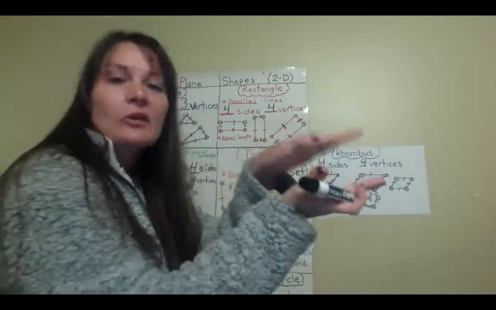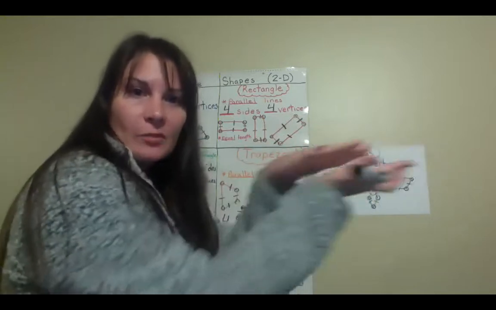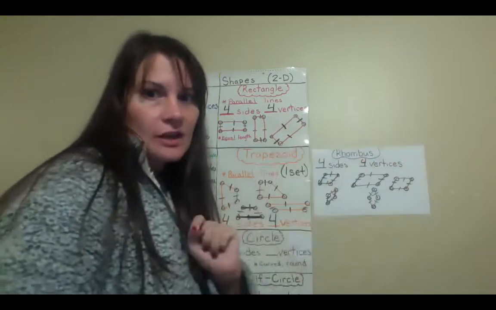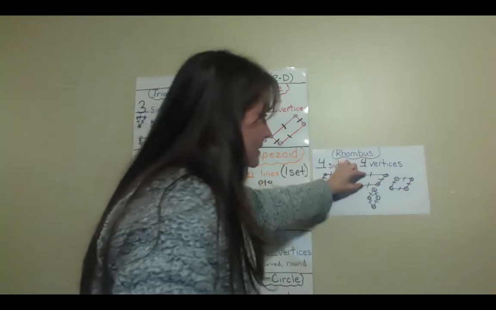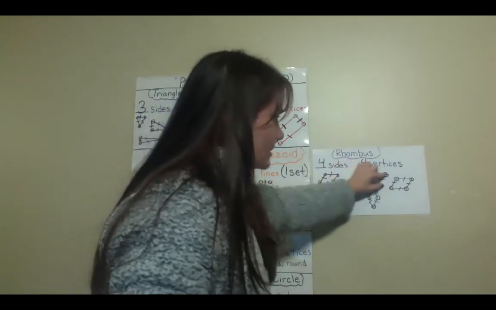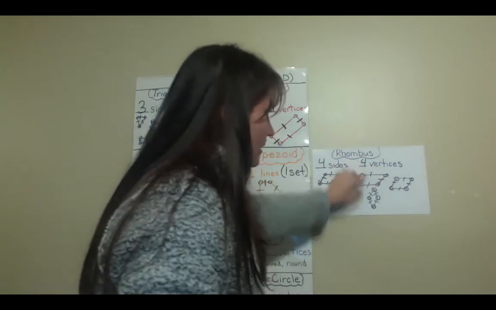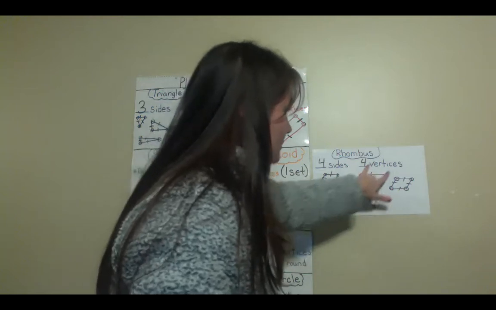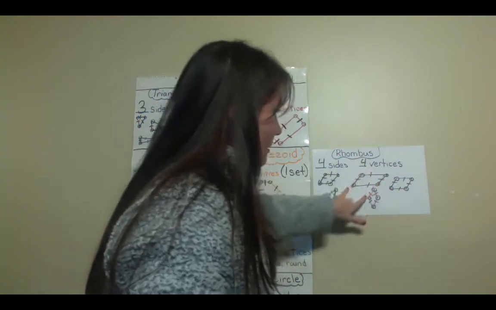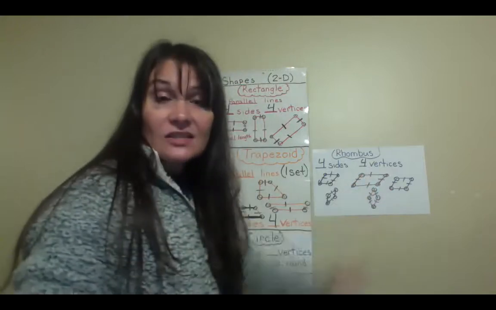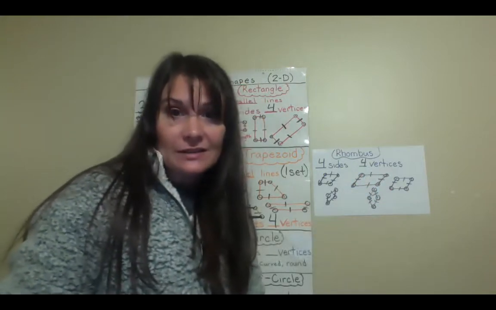And remember, those parallel lines run straight side by side, but they never touch. I can see that this side and this side are running parallel, and I can see that these 2 sides are also running parallel. So it also has 2 sets of parallel lines.